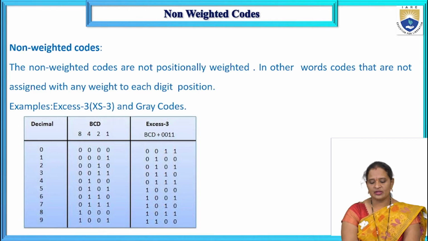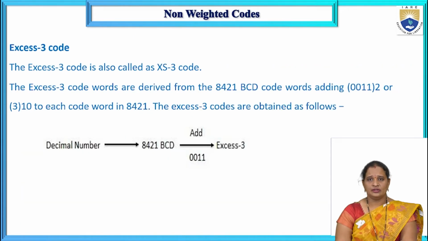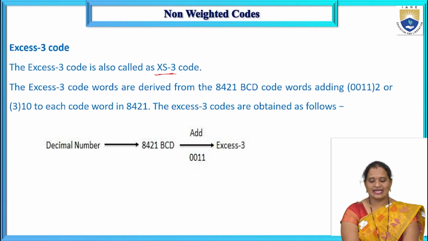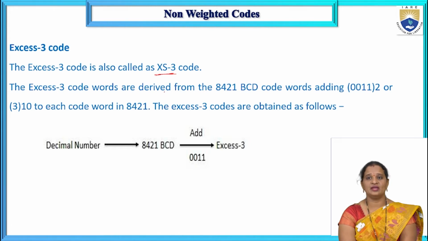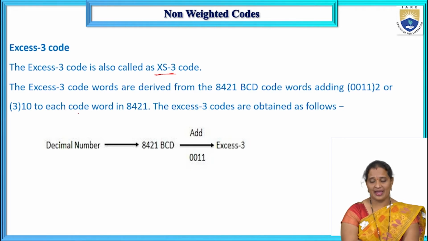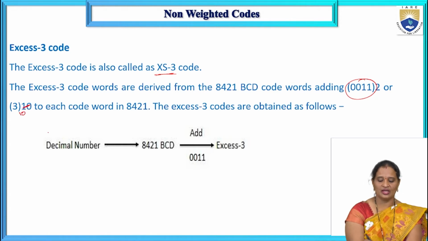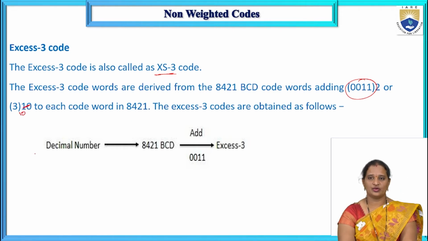Now coming to the XS3 code and the gray code. As the name itself indicates, first let us see the XS3 code. In short, we can also call it the XS3 code. So why is it called XS3? The XS3 code words are derived from the 8421 BCD code by adding the binary value 0011, or else the decimal value 3, to each code word in 8421.